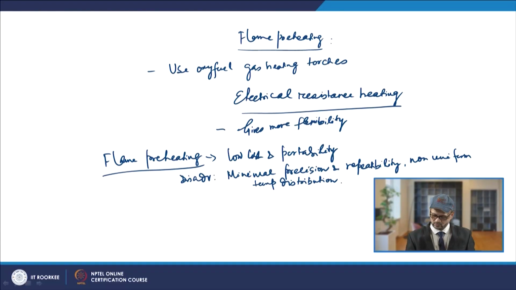He has to be more knowledgeable and more experienced to be able to get that particular type of flame in those cases. So, you require operator skill. This is another disadvantage, or these are the challenges in the case of flame preheating.